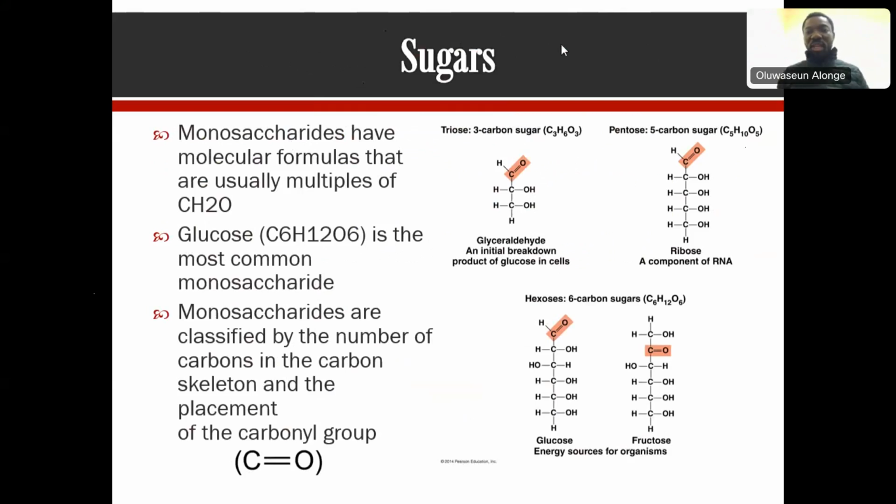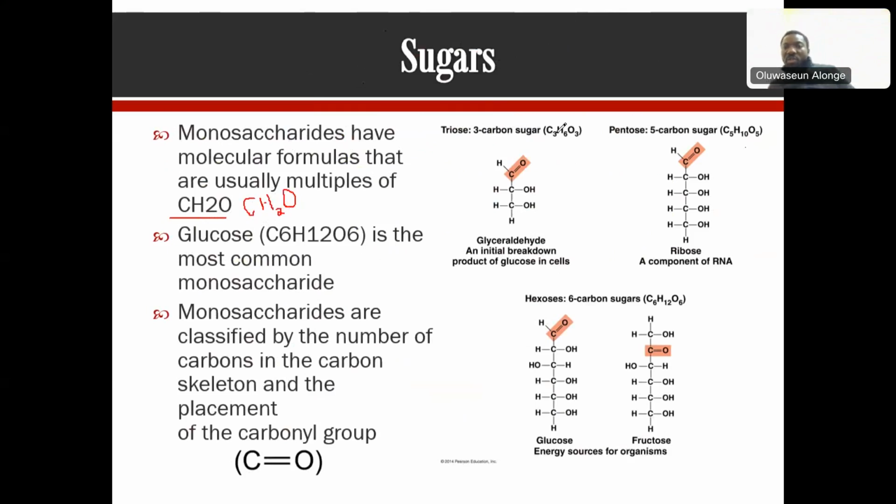Now if you look at this, we have the formula for monosaccharides, which are usually multiples of this. The right way to write this is CH2O, so the 2 is for hydrogen there.